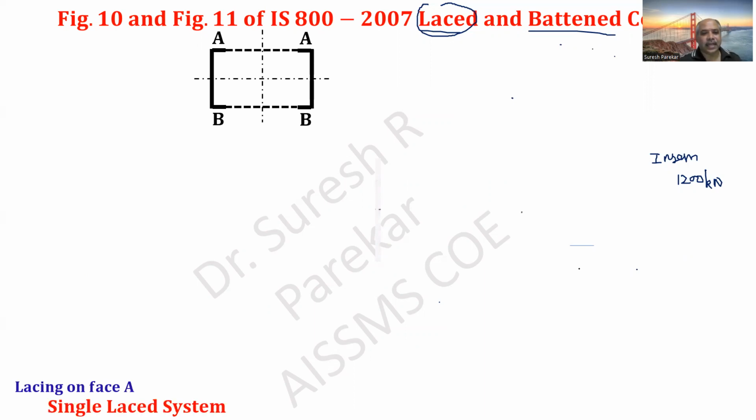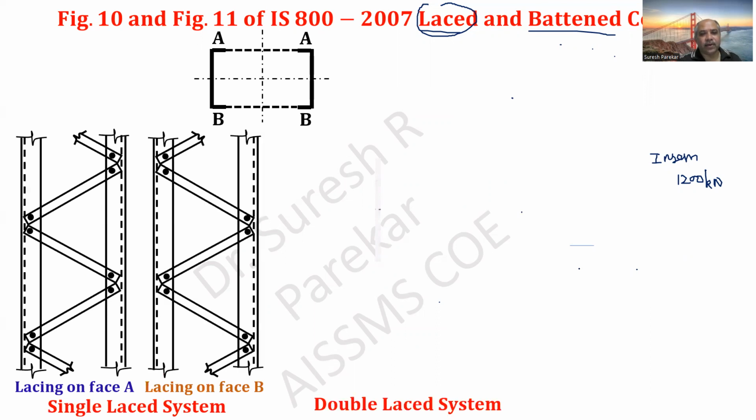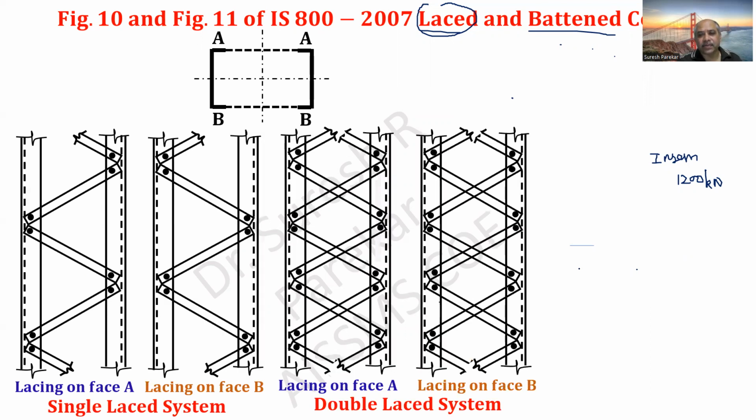So now, that is single lacing, then we have double lacing. These columns we have shown over here, and you should be in a position to show this. So this will be your single lacing, this will be your double lacing, that is already given in the IS code. It should be a mirror image. So you can see lacing on face A, and if you take it on the backside, then they are exactly matching. So we have a mirror image of this. Same way we have here.